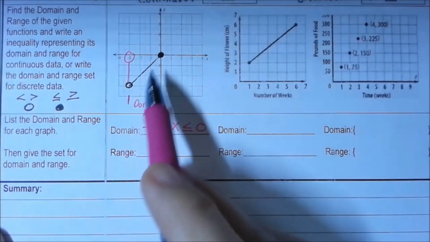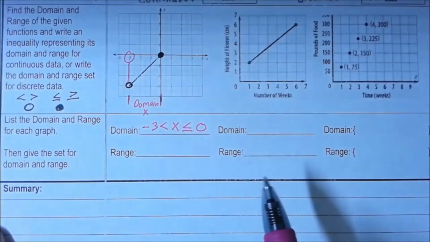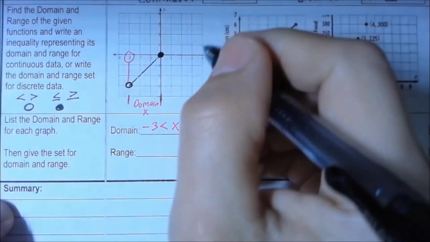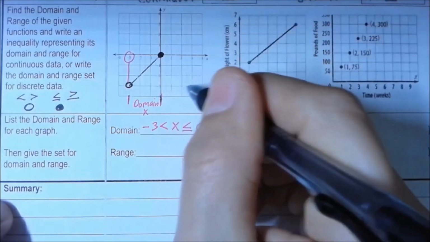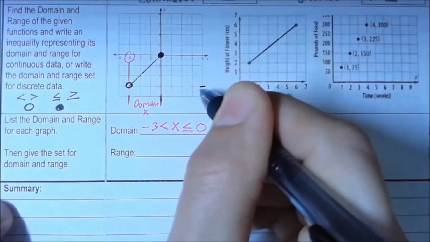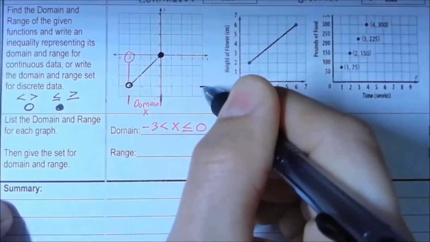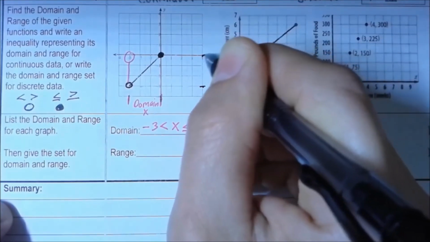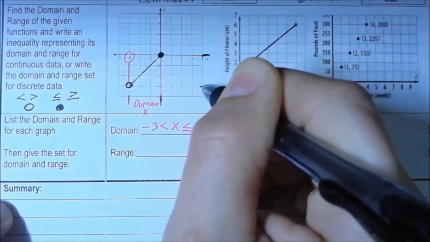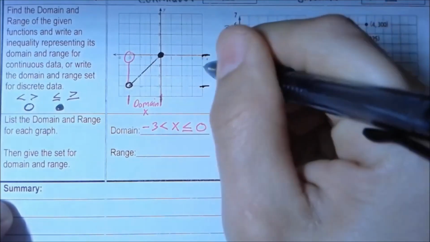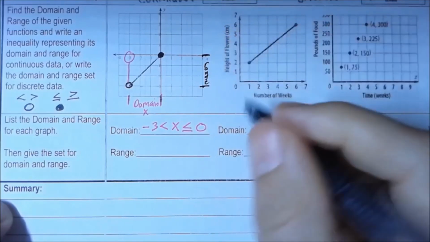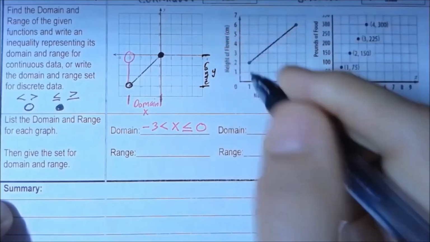Now, with that being said, we talked about domain, so now we've got to do our range. So in range, I'm going to do it with my black pen. That's my y values. I notice that my dot, if I go all the way across, lines up with this point, and the highest it goes is right here. So once again, the highest it goes is 0. So I'm going to write my word in here, range, and those are going to be my y values.